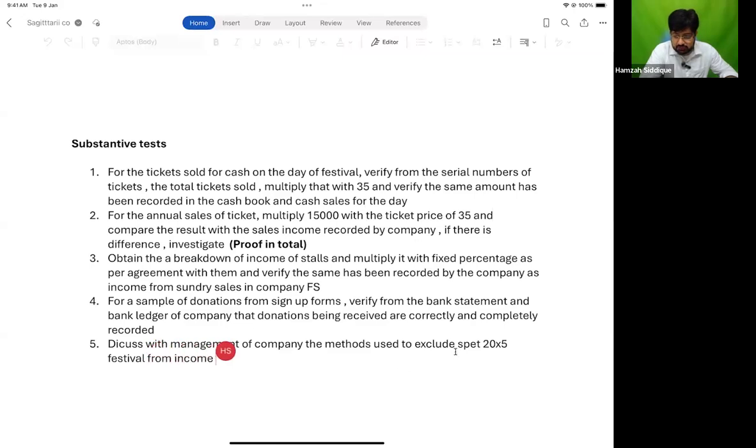The method used to exclude ticket sales related to 20X5 from income for the year.